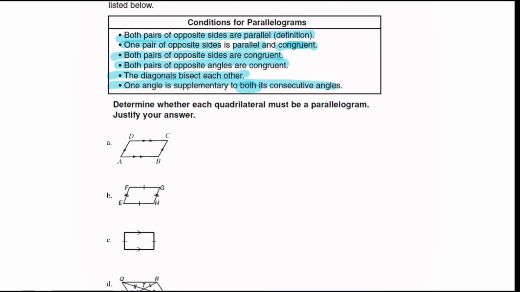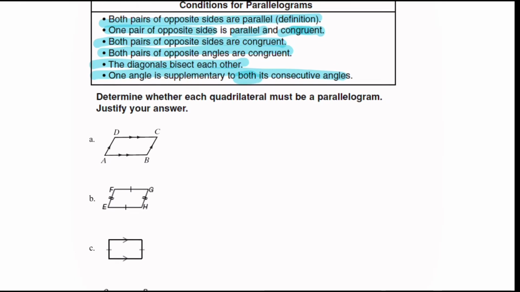Determine whether each quadrilateral must be a parallelogram by just looking at the way it's marked. So for part A here, we see that we have two pairs of opposite sides that are parallel, so the answer would be yes.